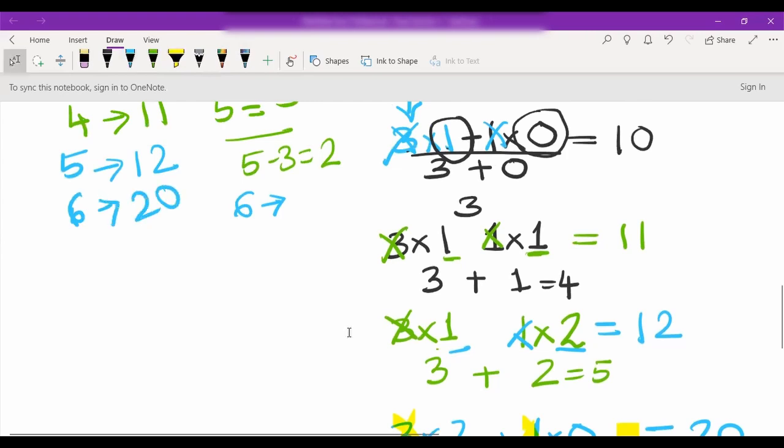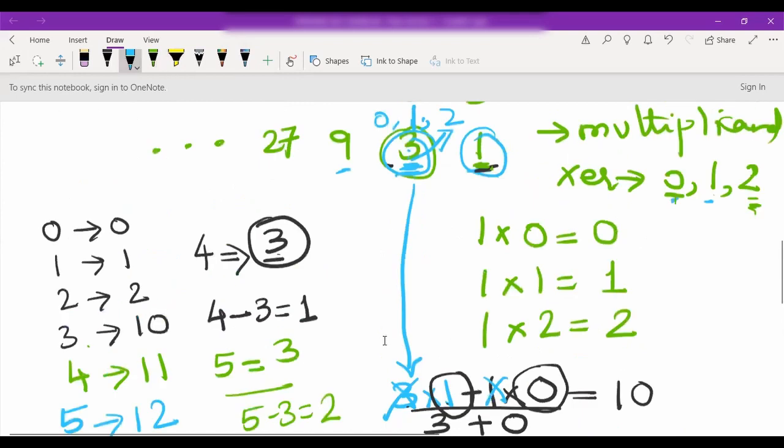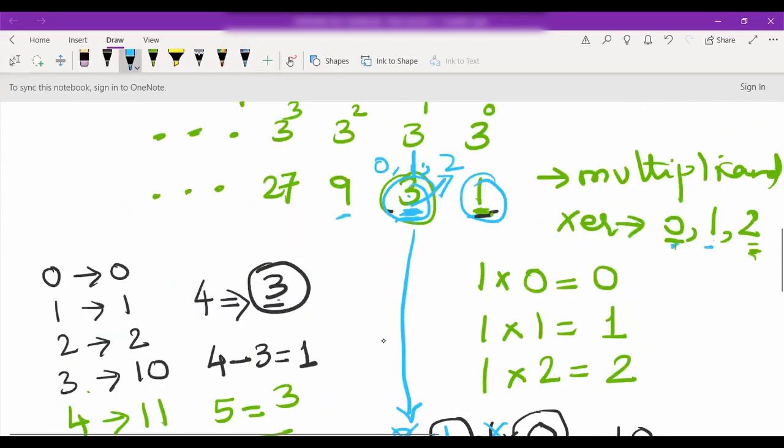Now how will I generate number 7? For generating the number 7, again we have to check the base 3. So 3 raised to 0 is 1, that is very far. 3 raised to 1 is 3, and then we have 9. 9 is too large for 7, so we'll select 3. For finding 7, we have already calculated 6.